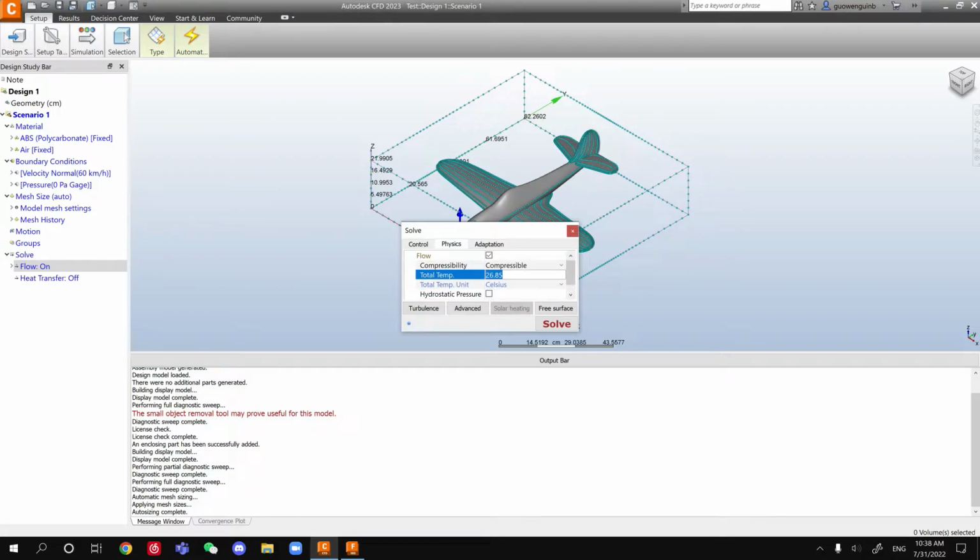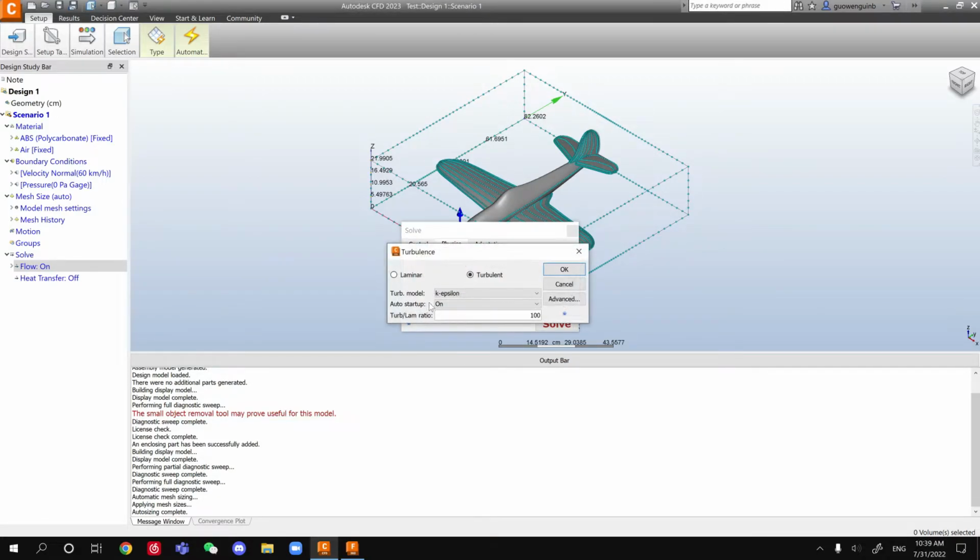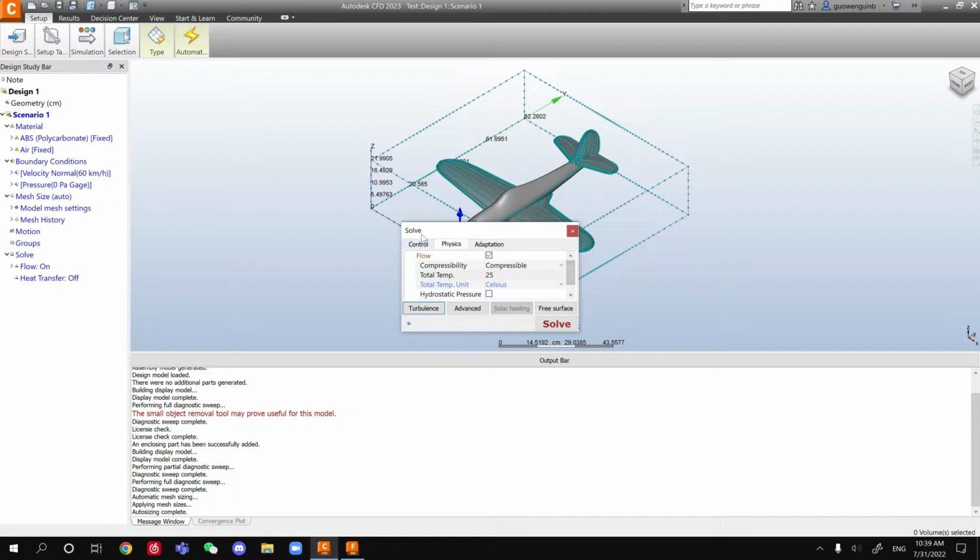And for compressibility, I'll set it to compressible, and total temperature doesn't really matter here because I haven't turned on the heat transfer, and at such speed, heat transfer isn't something that we need to consider. And turbulence, we'll change that to turbulent, and we'll use the standard K epsilon model.